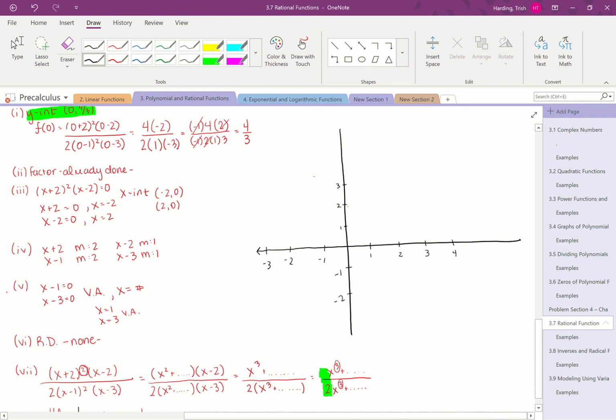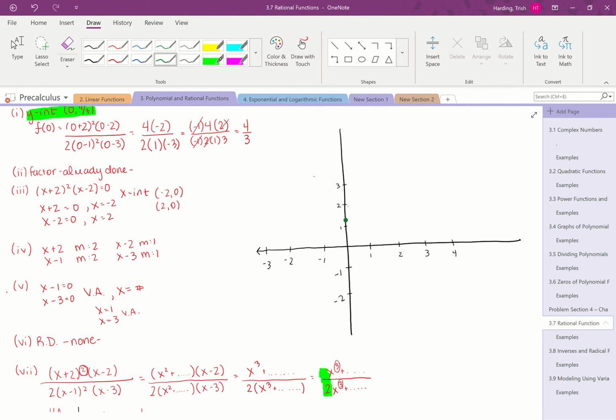So we're going to need to plot (0, 4/3). 4/3 is 1 and 1/3, so that is going to be approximately right here. That's my closest approximation for that.